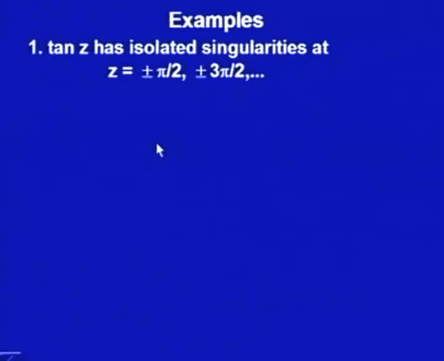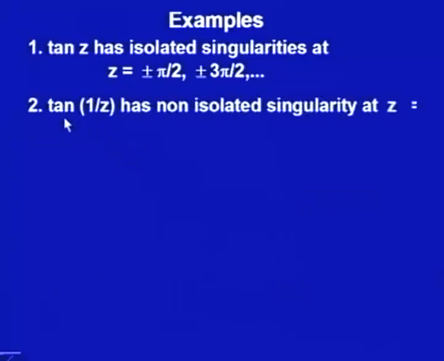Let us take one more example, tan(1/z). Now this has a non-isolated singularity at z equal to 0. That means at z equal to 0 it is singular, but in that neighborhood also we find other singular points, since tan z has singularities at, you could say, (2n plus 1) pi by 2.